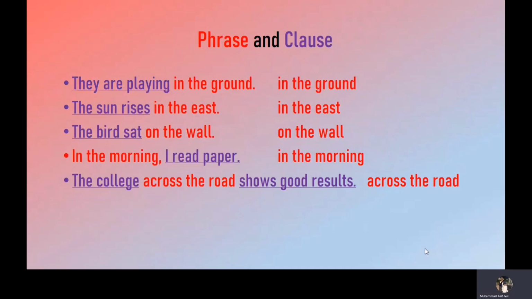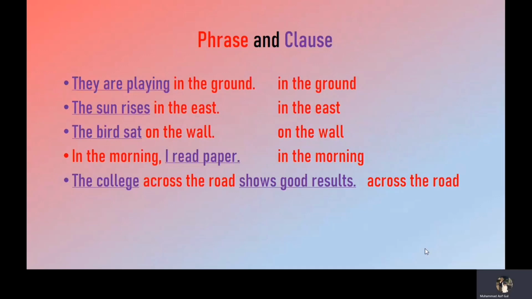these chunks of words, these groups of words, do not convey complete sense on their own. They cannot stand on their own. They do not give full meaning on their own.